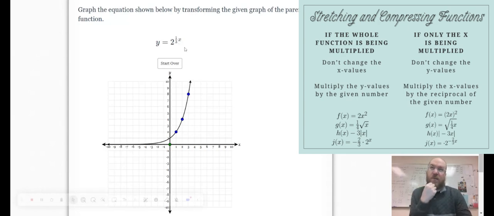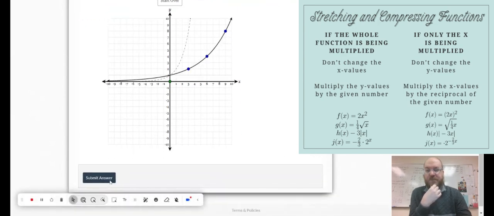What is the reciprocal of 1/3? It's 3/1, or 3. So let's pick this dot here. Don't change the y value, so don't change this 2. We know this dot's going to stay lined up with the 2, but multiply the x value by 3. So now instead of 1, it's going to be a 3. So there we go.